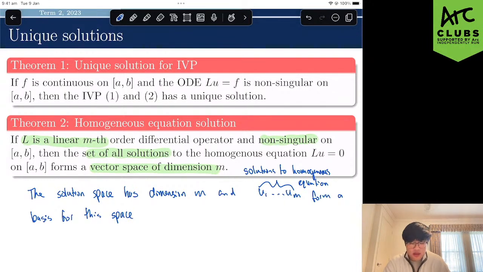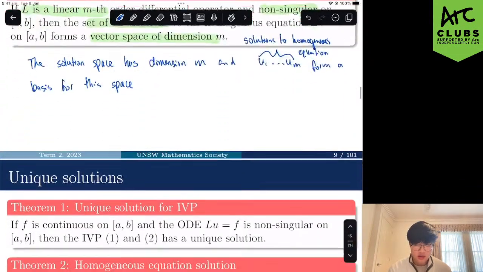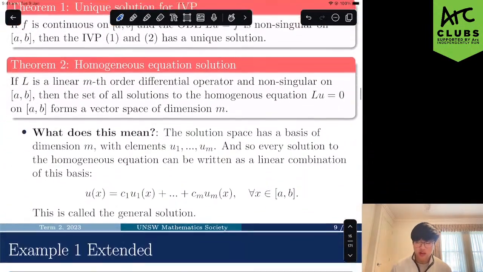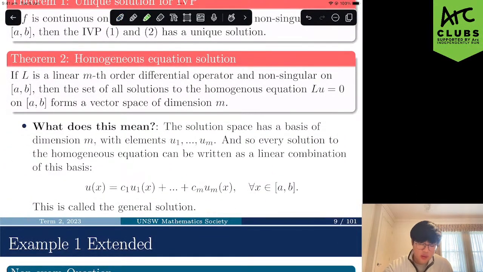Essentially, this means any solution can be written as a linear combination of the solutions to the homogeneous equation. That's what we have here, and that's why we call it the general solution. So we write the general solution as a linear combination of the solutions to the homogeneous equation.